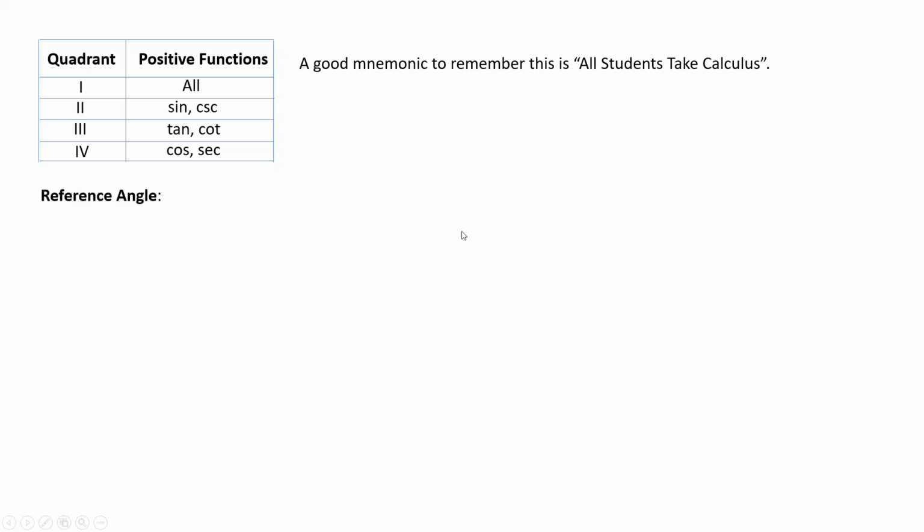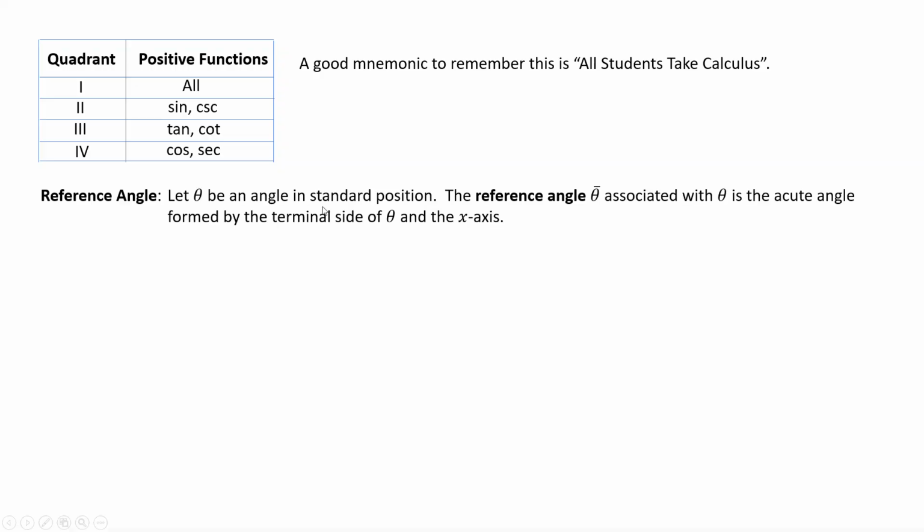And one more concept. Reference angle. Very important concept. Okay? Let theta be an angle in standard position. That means you've got an XY coordinate system and one end of the line segment is at the origin and the other one is wherever.